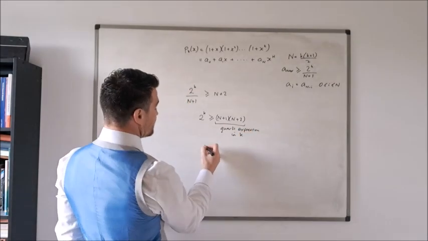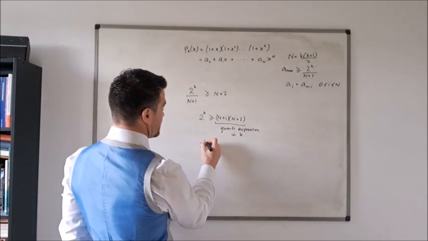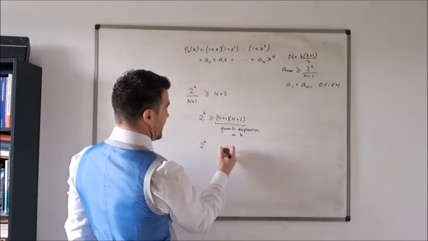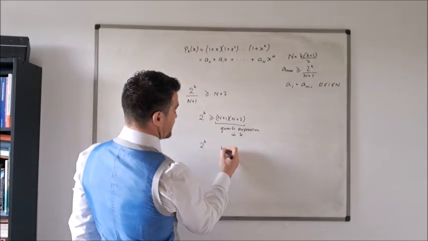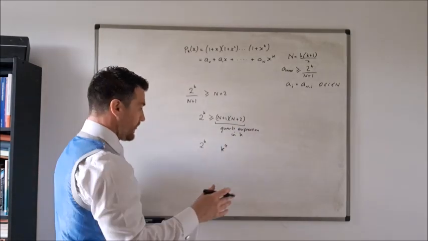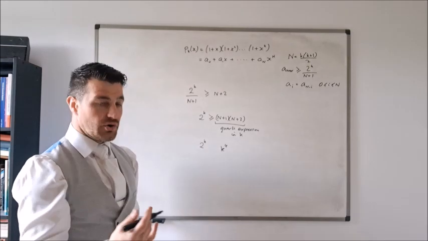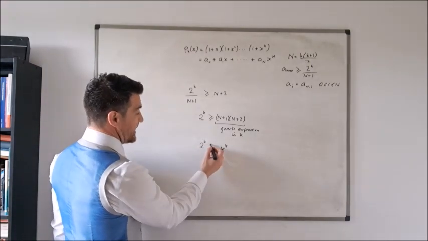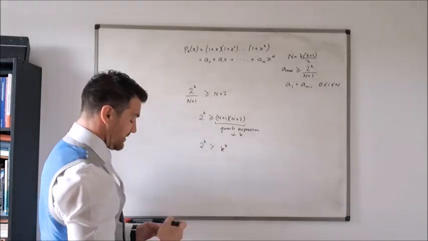So I'm going to have something like 2 to the power of k on the one hand, and on the other hand something like k to the power of 4. I need to show that 2 to the power of k is, for sufficiently large k, going to be greater than k to the power of 4.